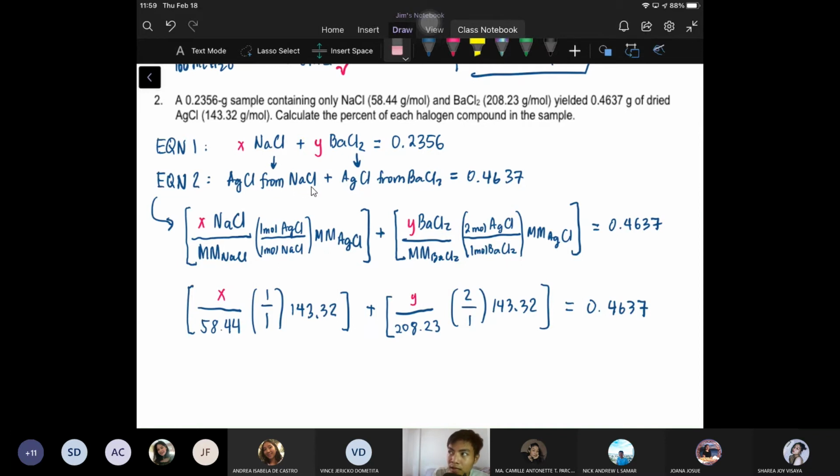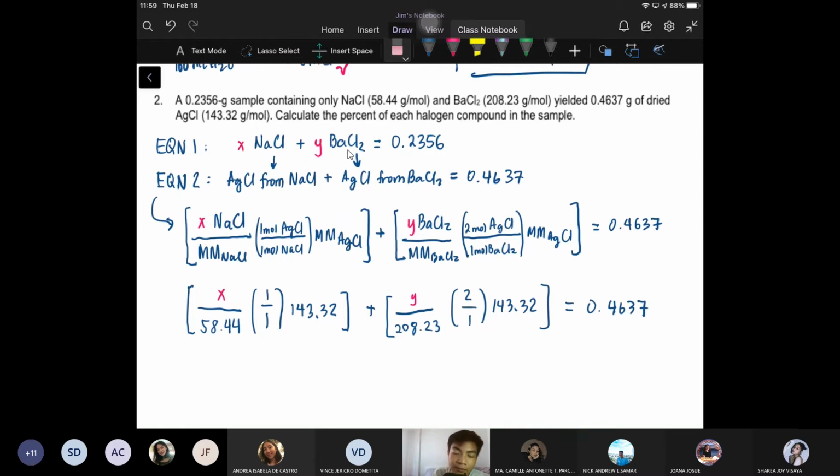So paano yun? Pinakita ko lang yung derivation nito. How will you get the AgCl from NaCl? Using stoichiometry lang. Ito po yung equation na yun. You convert this into moles of sodium chloride, then yung moles ng sodium chloride, convert mo to moles of AgCl. Then, yung moles of AgCl, convert mo to mass. No? So, you now have the mass of AgCl from NaCl. Ganon din dito.